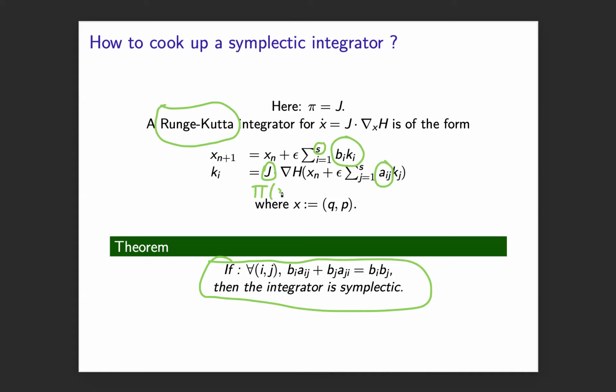You remember that the symplectic form in Darboux coordinates was constant, whereas Poisson tensors in general are not constant. So the question is, can you replace J by some pi of x here?